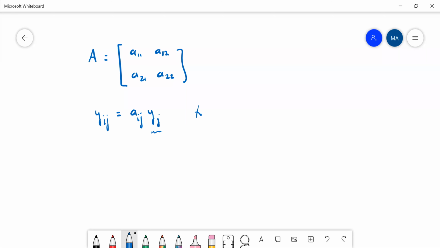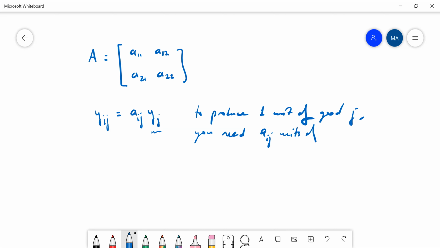So to produce 1 unit of good J, you need Aij units of good I. Okay, so that's the interpretation. And in our numerical example, these are 0.2, 0.5, 0.3, 0.25.